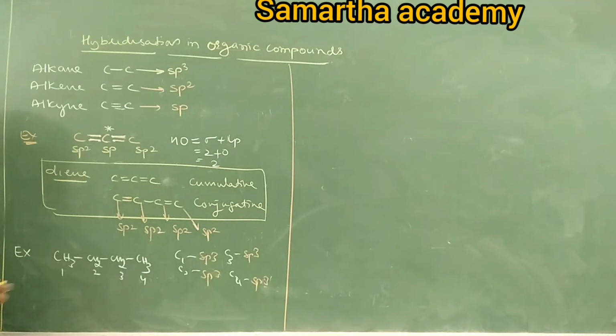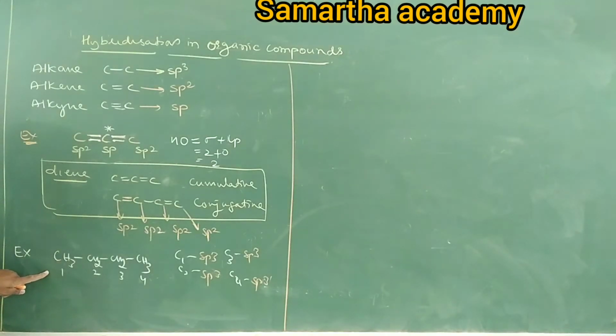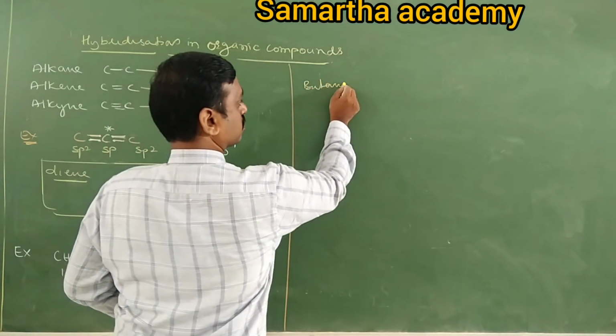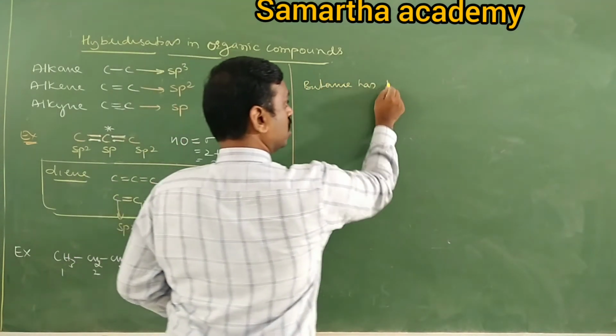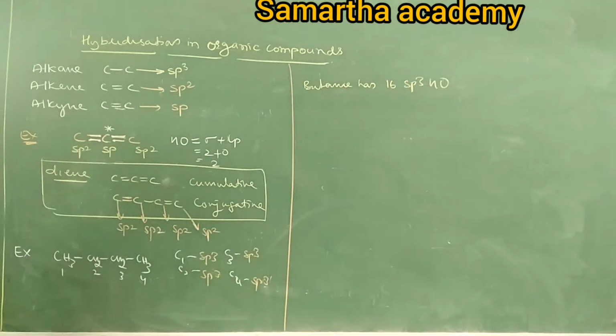Can you tell me this? It is butane. How many total hybrid orbitals does butane have? There are 4 sp3 carbons. We know that each carbon has 4 sp3 orbitals. 4, 4, 4, 4. 4 into 4, 16. Therefore, important, butane has a total of 16 sp3 hybrid orbitals.